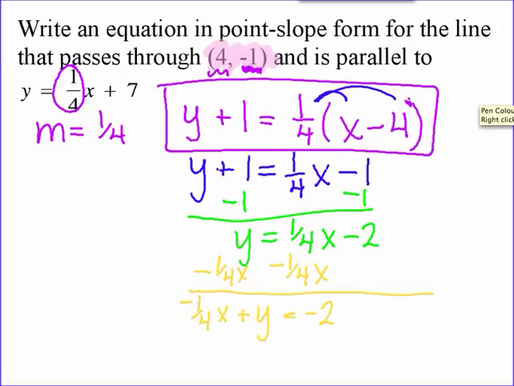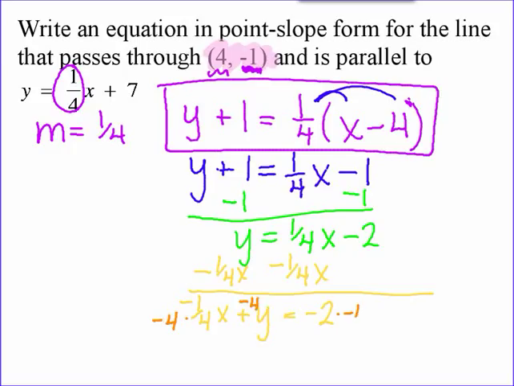Now remember, what can't I have in standard form? I can't have a fraction, so I can't have the 1/4. What else can't I have? A negative x. So we're going to take care of that with 2 steps. I'm going to multiply this by a 4, and that'll take care of the fraction. I'm also going to multiply it by a -4. So I'm going to multiply this by a -4.